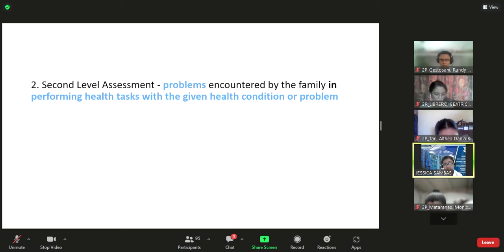What is the reason why they failed to perform their health task? That's why the health problem exists. Did you get it, students? That is your second level assessment. This reflects the reason why the family failed to perform their task. That's why the health problem exists.